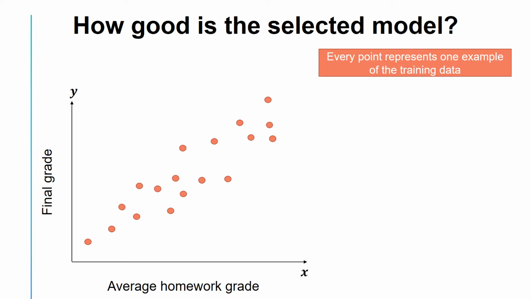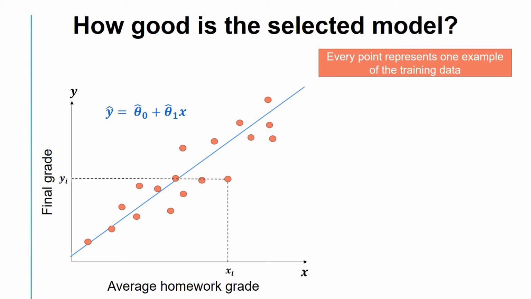In order to answer it, let's go back to our previous example of estimating final grades based on the average homework grade. Every point in the graph represents one example of the training data, and eventually we came up with this linear function in blue called y hat that minimizes the sum of squared errors, or RSS. If we take one training example xi, yi, we said that the training error for this example is the discrepancy between yi and the corresponding y hat.